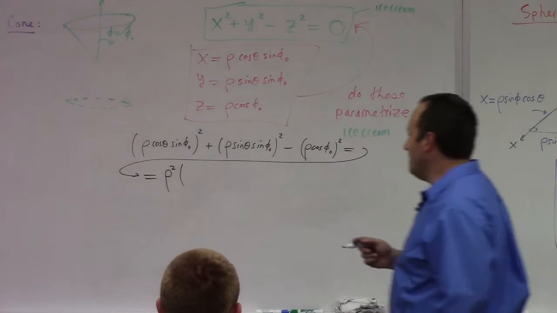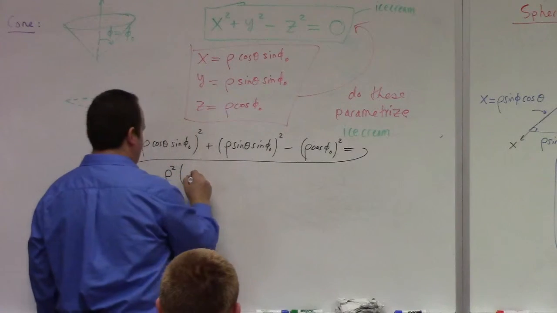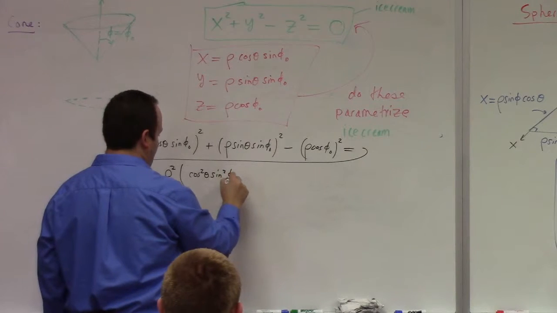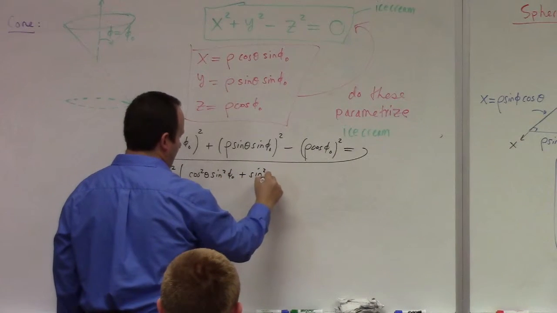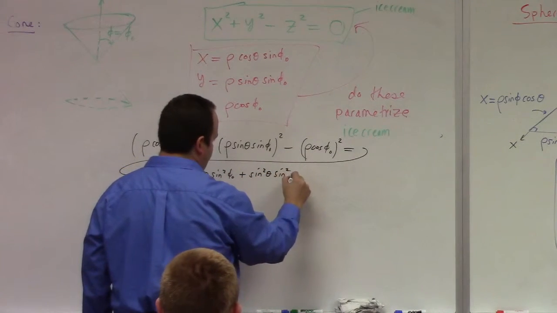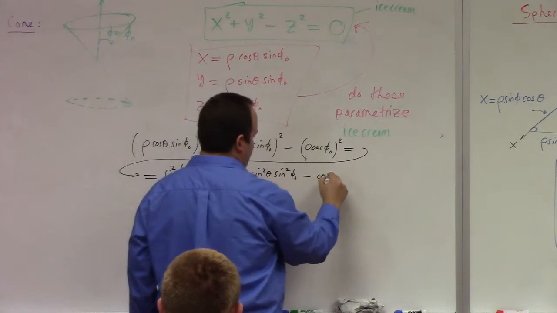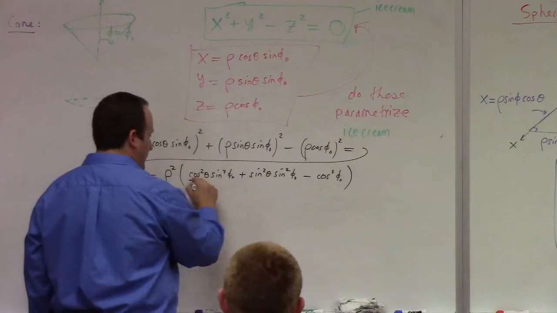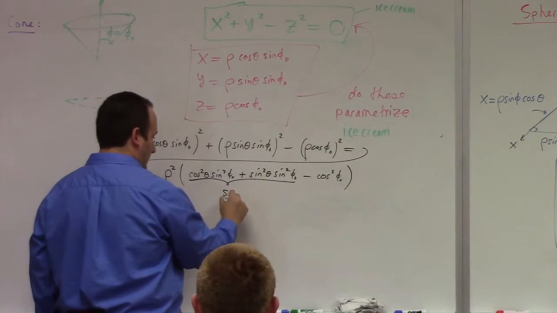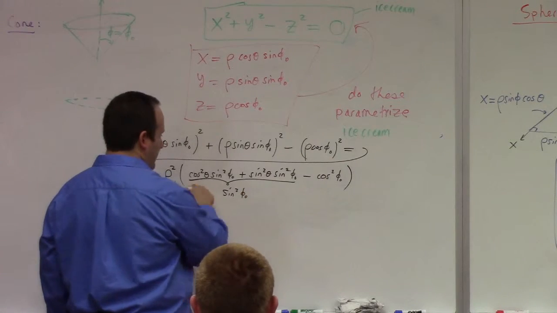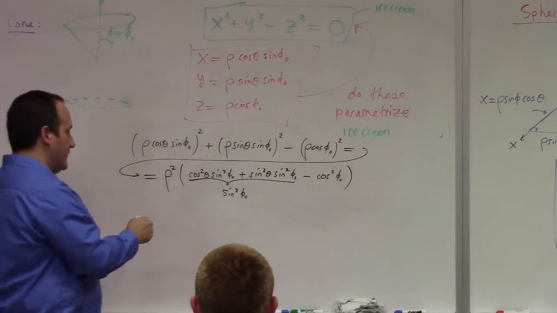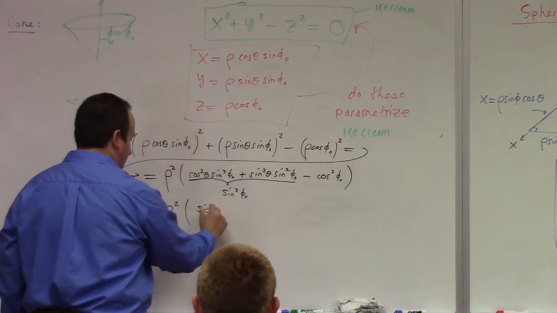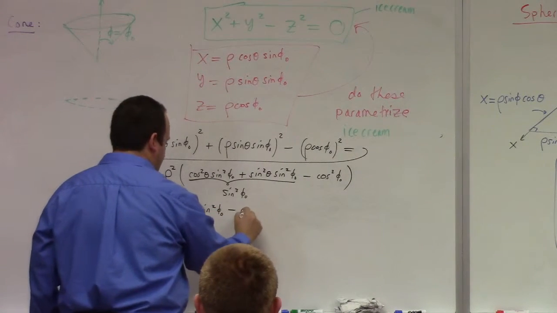I got cosine squared theta sine squared phi naught, plus sine squared theta sine squared phi naught, minus cosine squared phi naught, right? Of course, these collapse down to sine squared phi naught, because sine squared plus cosine squared is 1. So we have rho squared sine squared phi naught minus cosine squared phi naught.